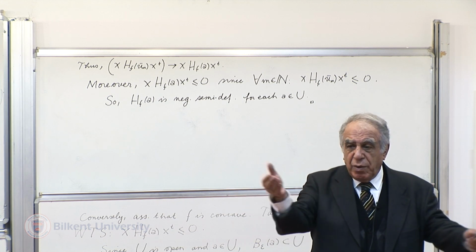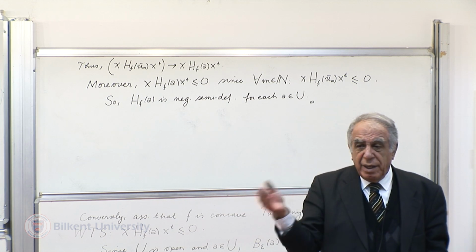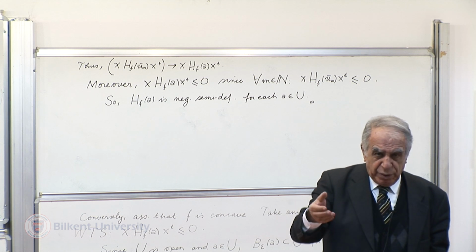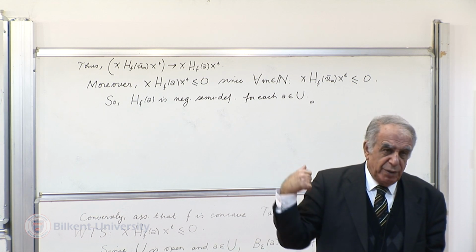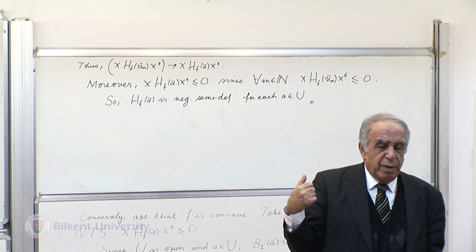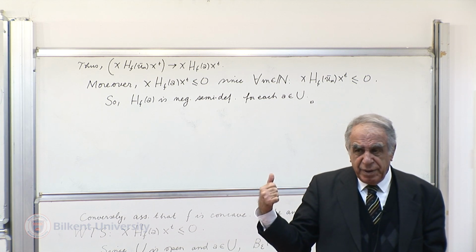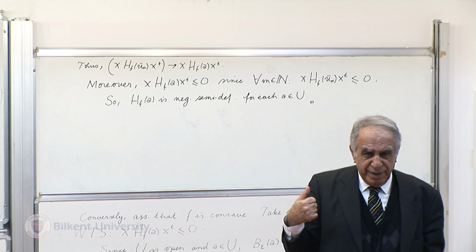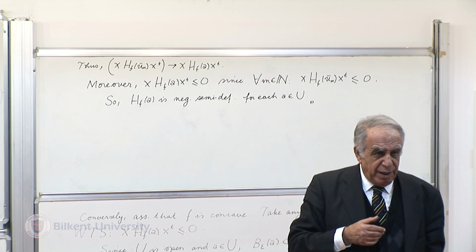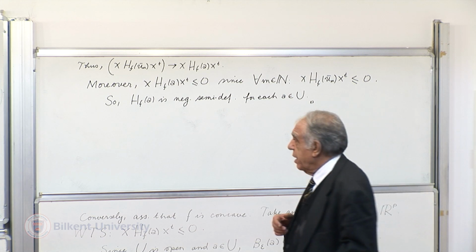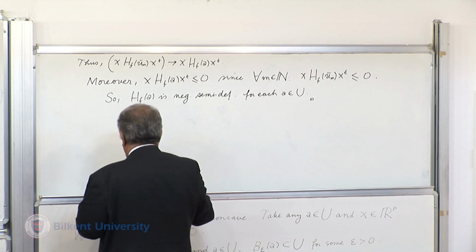But we have seen, and we know from calculus very well, that the converse is not true. But here we have a partial converse for maximization if f is concave, and for minimization if the function f is convex. So let's have that.